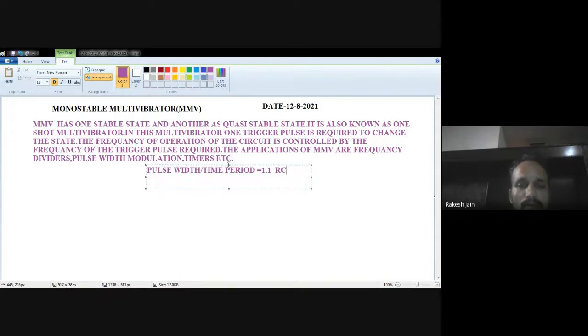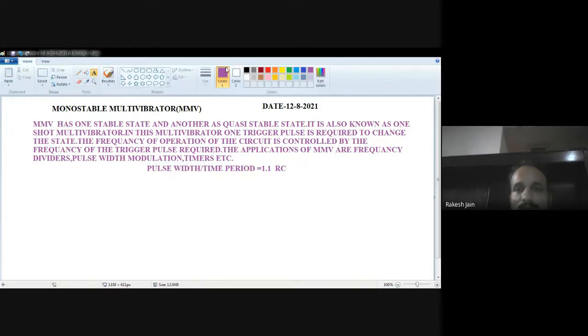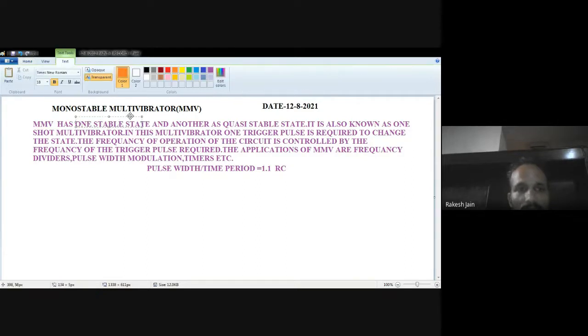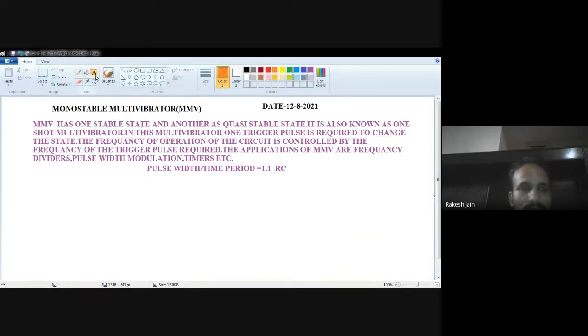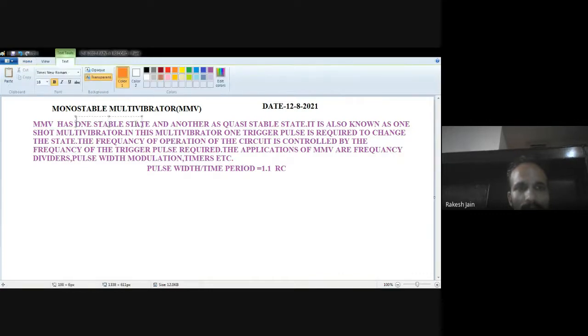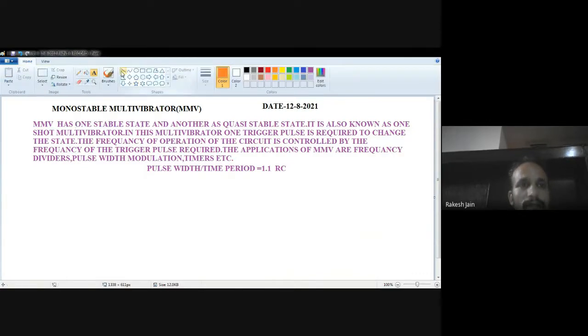Right now, I am changing the color of the important terms related with this. So it has one stable state. Okay, now I cannot change the color. So I underline them or bracket them, so you understand that it has one stable state.